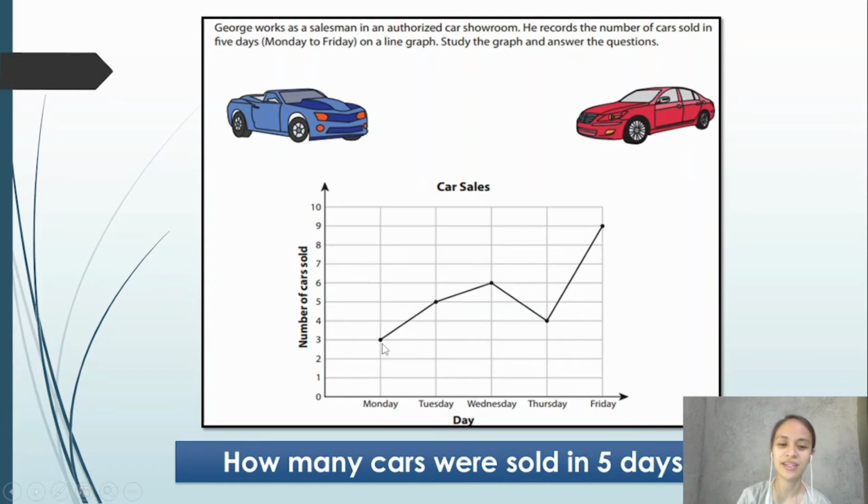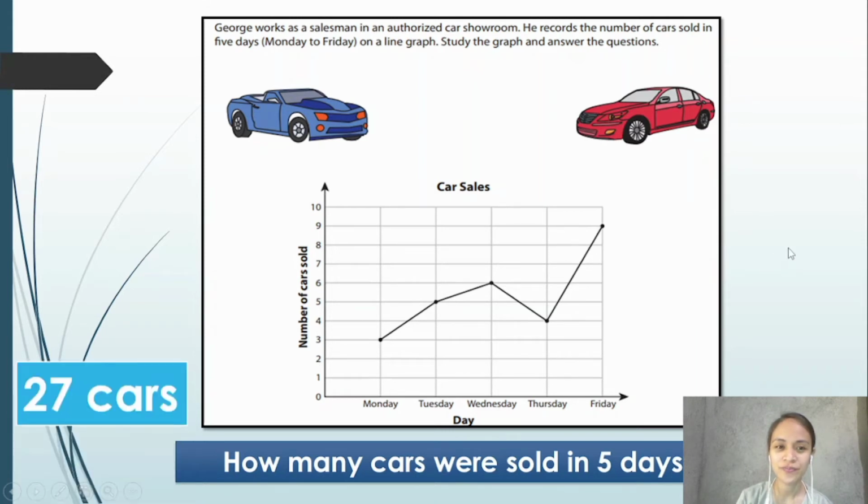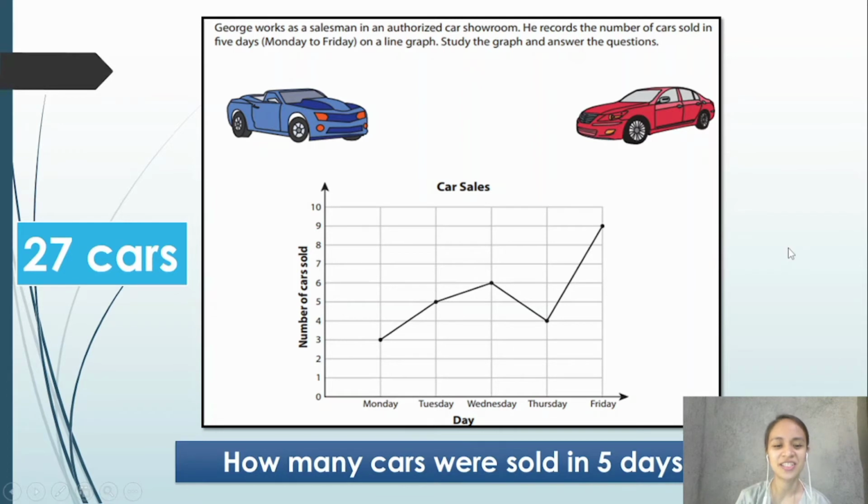Monday is 3, Tuesday is 5, Wednesday is 6: 3 plus 5 plus 6 plus 4 plus 9 is equal to 27 cars. So, there are 27 cars sold in 5 days.